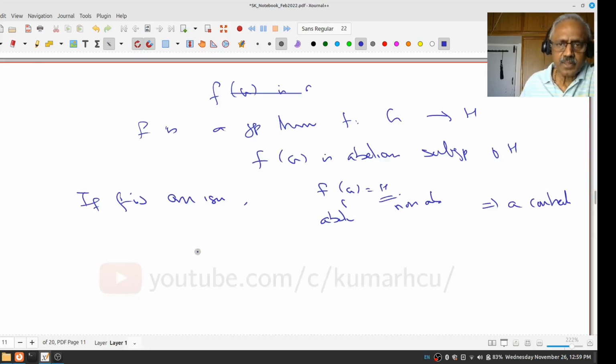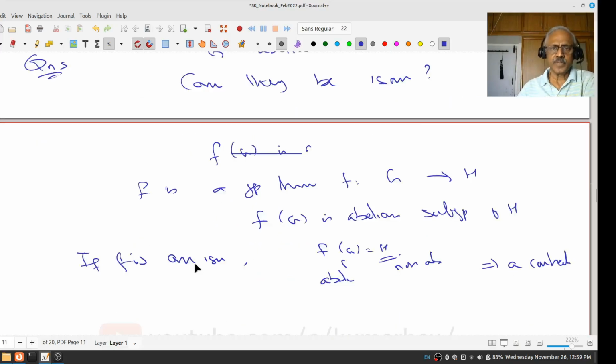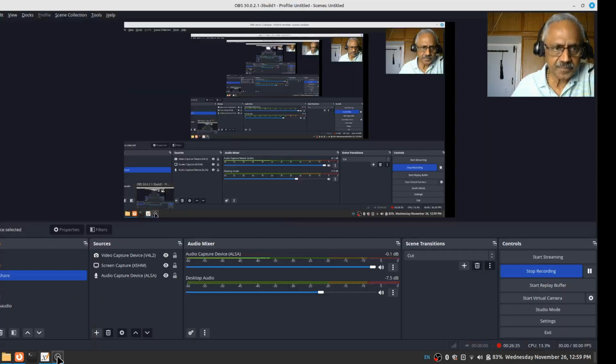Therefore, an abelian group and a non-abelian group cannot be isomorphic.